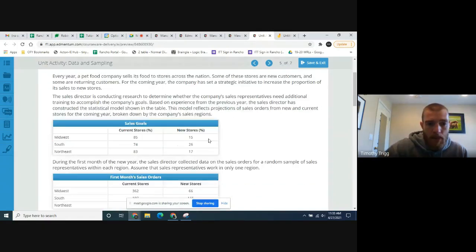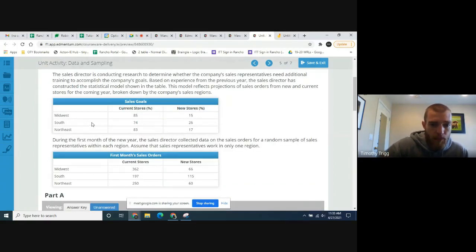So basically, you could see in the Midwest, current stores 85%, new stores 15%. Both these percents should add to 100 across the line, and you could see that. So in the South, you could see fewer current stores, right? More so new stores. And the Northeast, you can see it's kind of similar to the Midwest there.